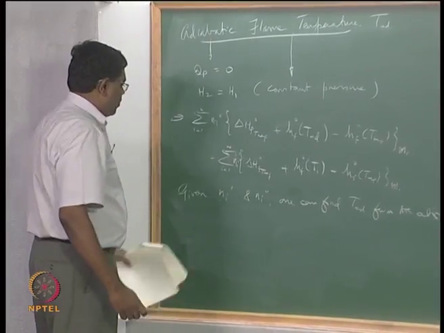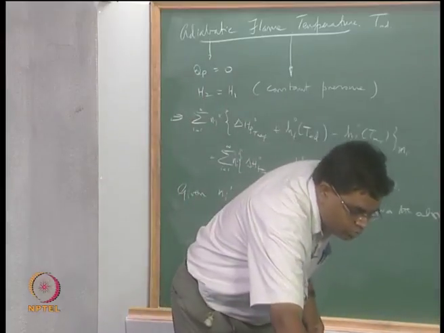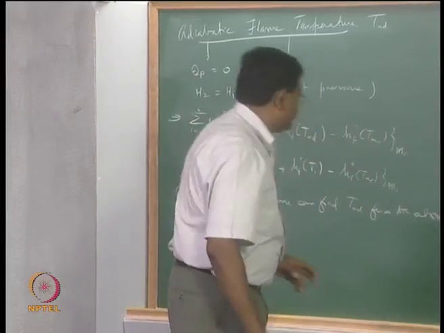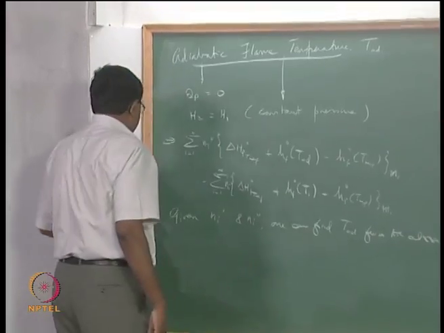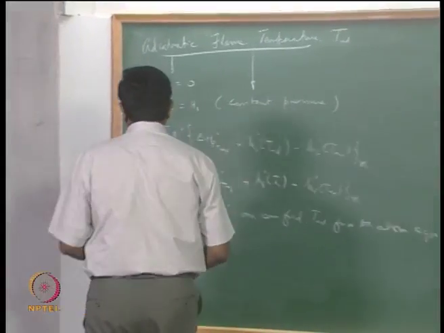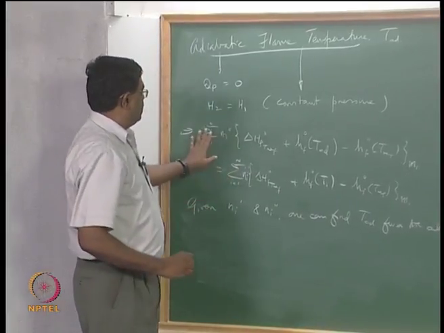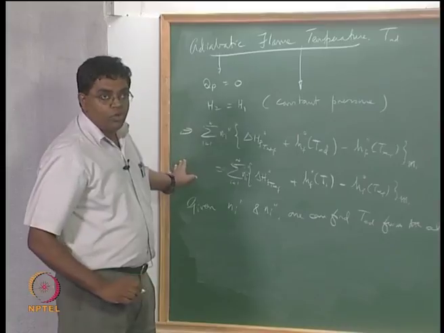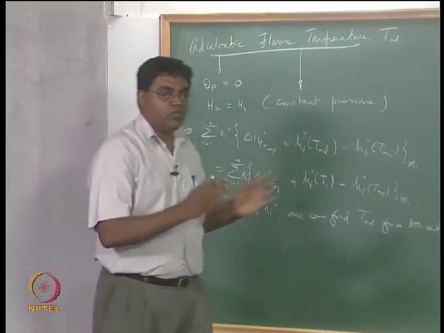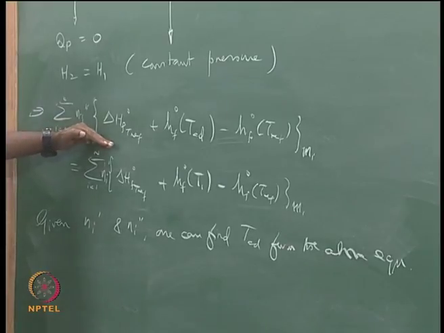Now I want to talk about two things here, and these are the two most important things as far as this is concerned. So we now say this is equal to, here because QP is equal to 0, previously we had a negative sign and then the whole thing would be equal to QP, but now we have set QP equal to 0, split this apart. So this refers to products, this refers to reactants.